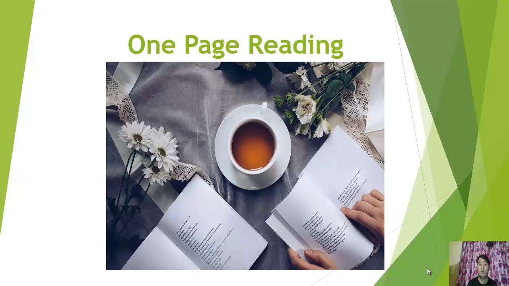So I conduct a mini session where they read one page of the novel, and I have included this in my teaching in order to inculcate a reading culture amongst my students.